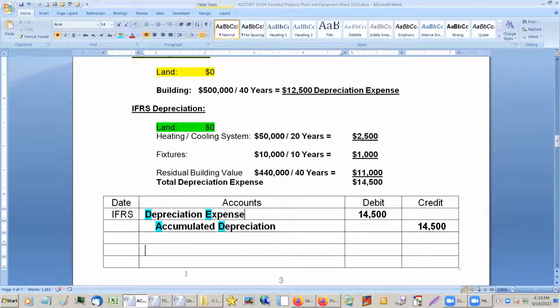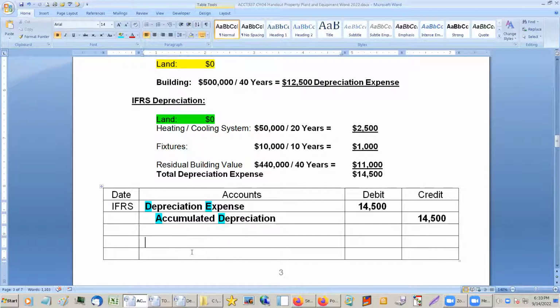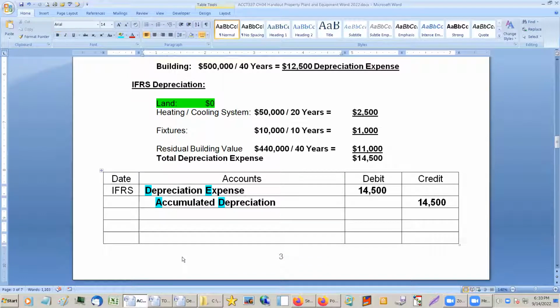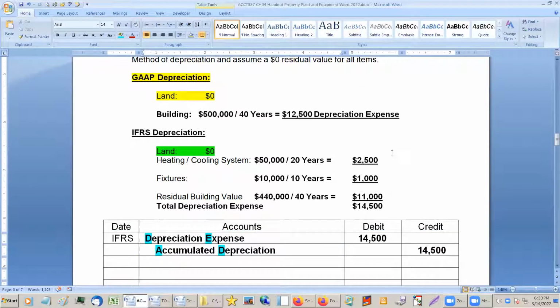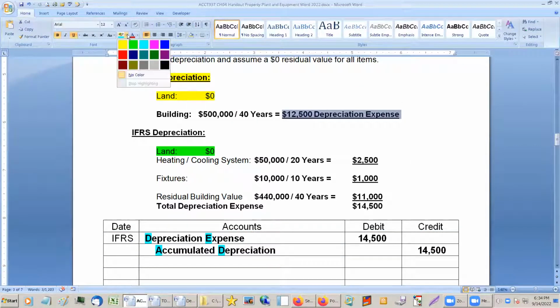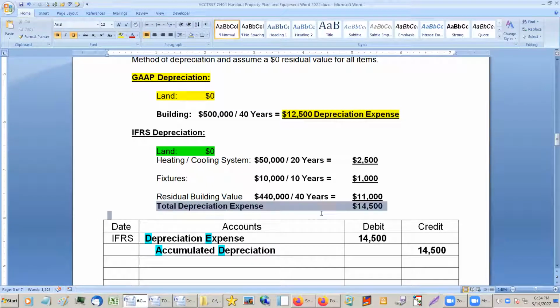Okay, so what adjustment would we have to make to this journal entry to bring it into GAAP? So here's the GAAP, here is the IFRS.